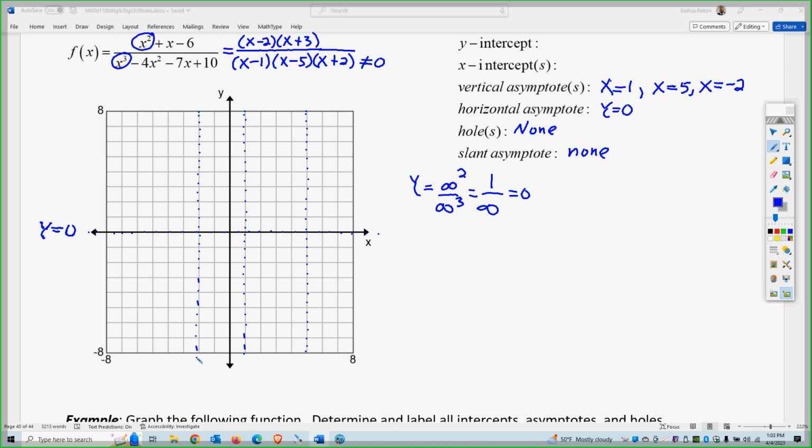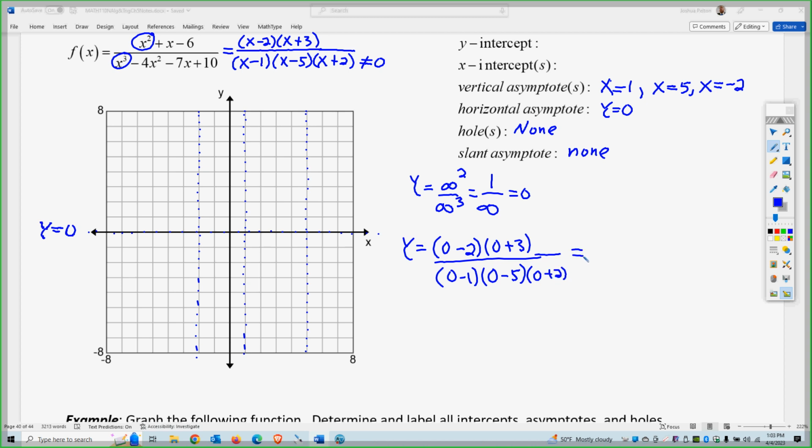Okay, so the last thing I need is the intercepts. If I'm a y-intercept, the x value is 0. So y equals 0 minus 2 times 0 plus 3 over 0 minus 1 times 0 minus 5 times 0 plus 2, right?